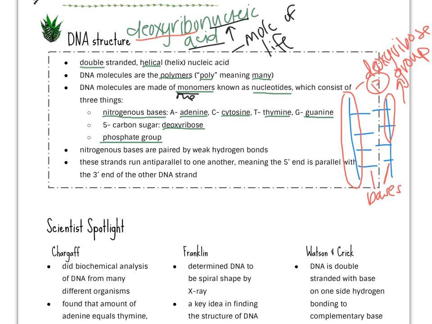Okay, and these bases right here that we have are connected to each other, like how the strands stay together. They're connected or paired by weak hydrogen bonds. The part about them being weak is very important, and we'll hint back to that in a little bit.